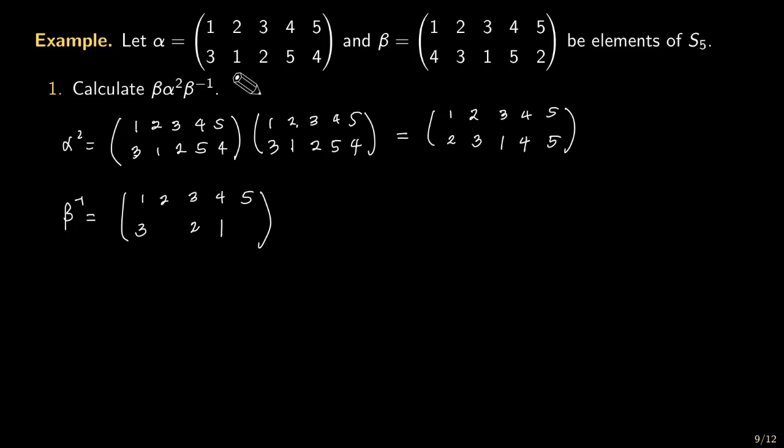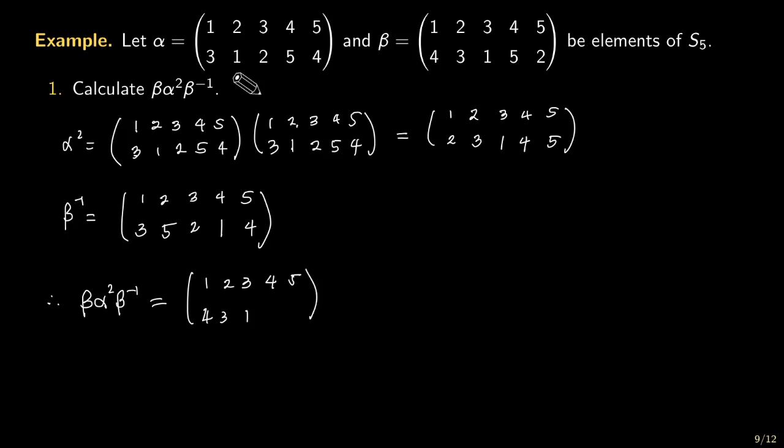Beta sends 4 to 5, therefore beta inverse should send back 5 to 4. Finally, beta sends 5 to 2, so the inverse will send 2 back to 5. So that's beta inverse. Therefore, we can now perform beta alpha squared beta inverse. So I just write down the 3 permutations involved.